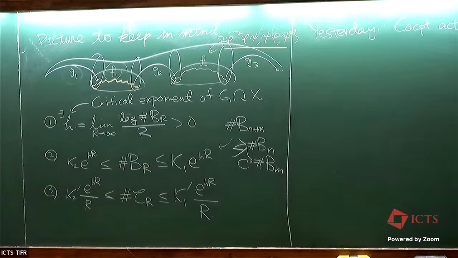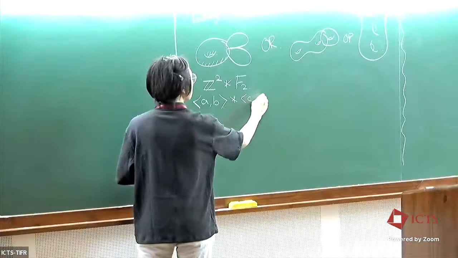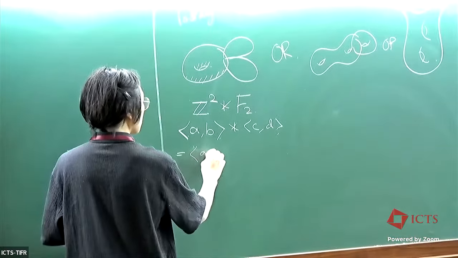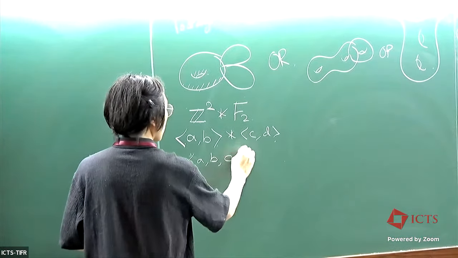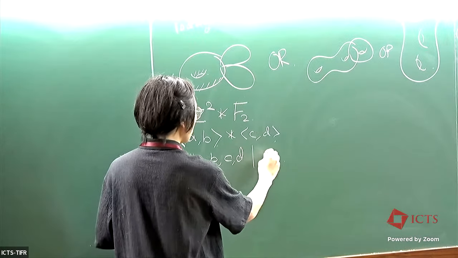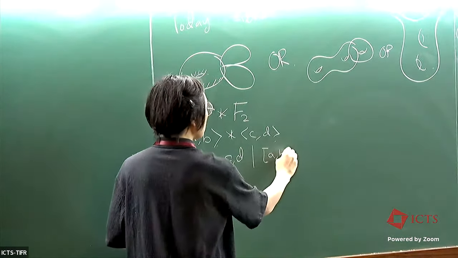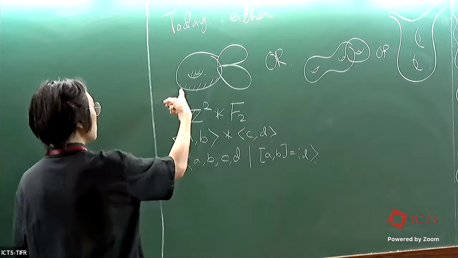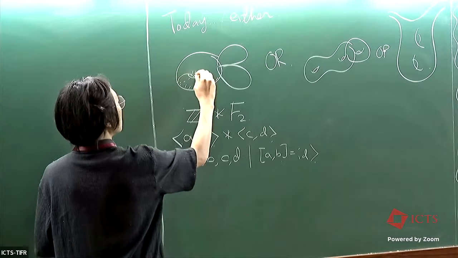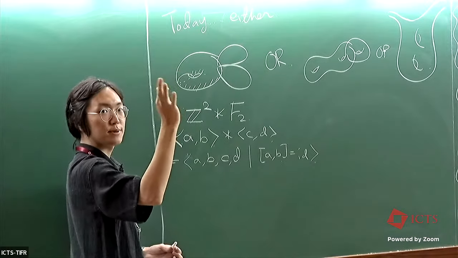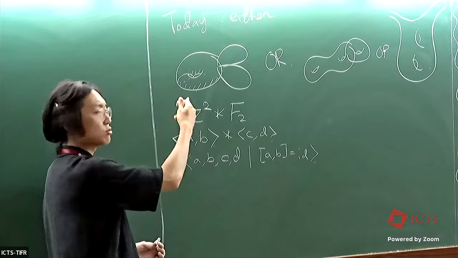This is A, B, and the free product, let's say C, D. So this is generated by 4 generators, but the only relation is the commutator relation between A and B. So this is the question of the universe, some simply connected space that this group acts on.